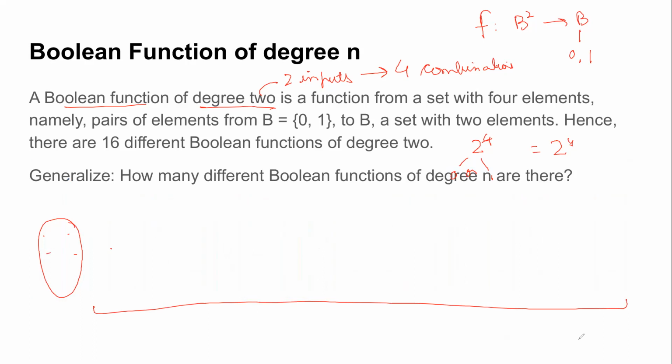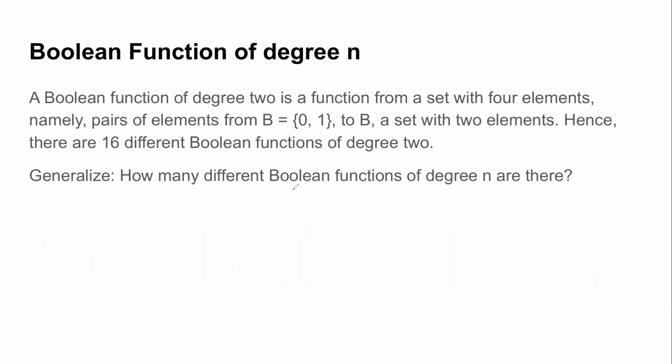Now suppose I have to generalize it to a Boolean function of degree n. Can you tell me, given a Boolean function of degree n, how many different Boolean functions can I create of degree n? Use the same logic. First see what the input to the Boolean function of degree n is. Then see the possible input combinations.